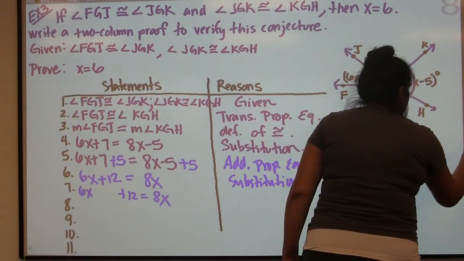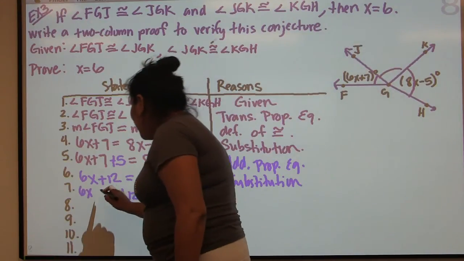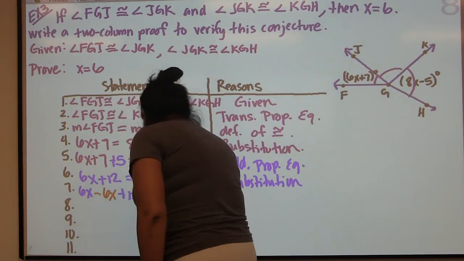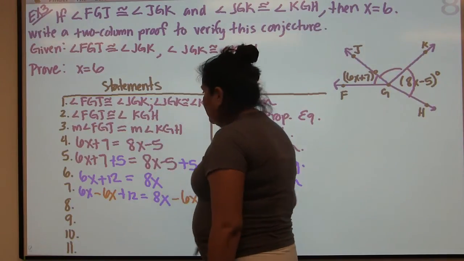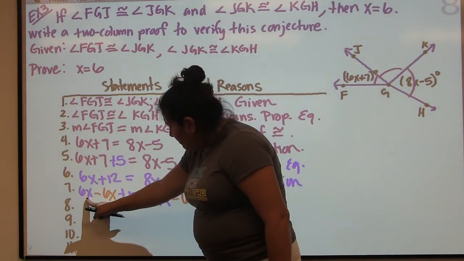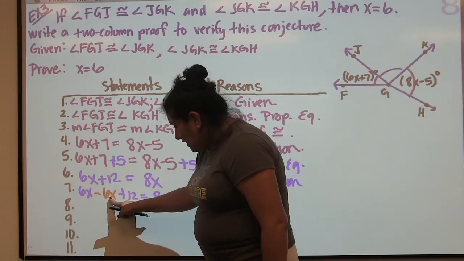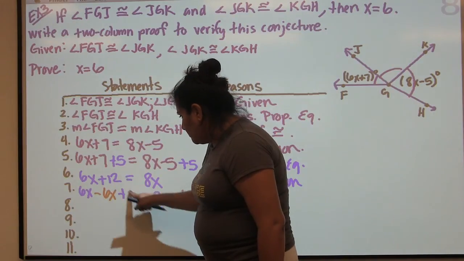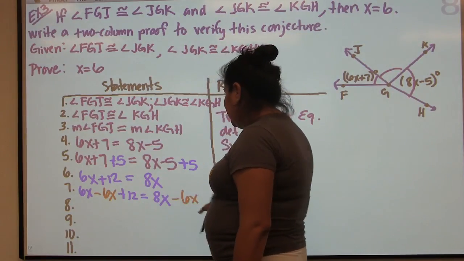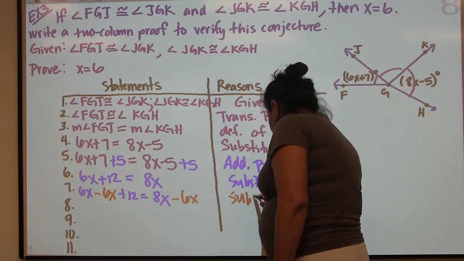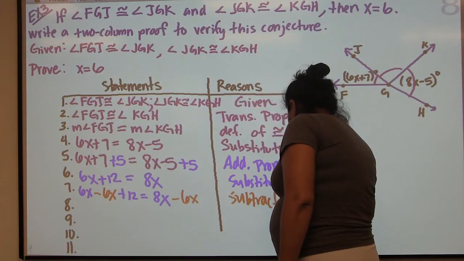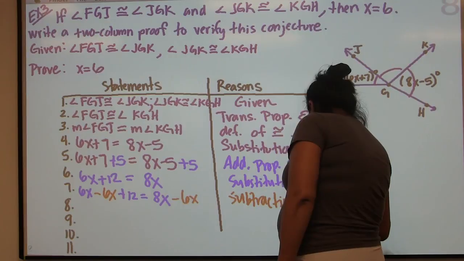And so what I'm going to do now is I'm going to subtract 6x from both sides. So you can see that I have the 6x from before, and then I'm subtracting 6x from that side, and then there's the plus 12 that was already there, 8x, and then minus 6x. This is going to be subtraction property.